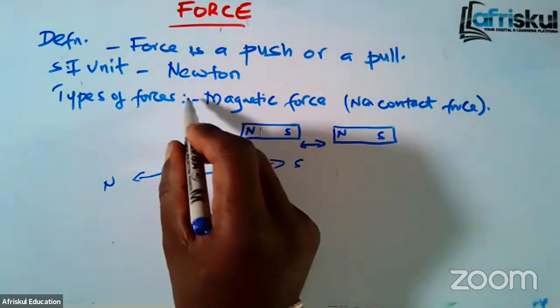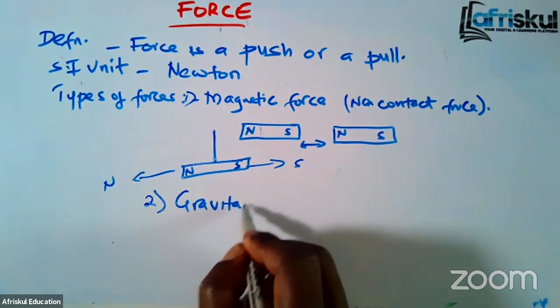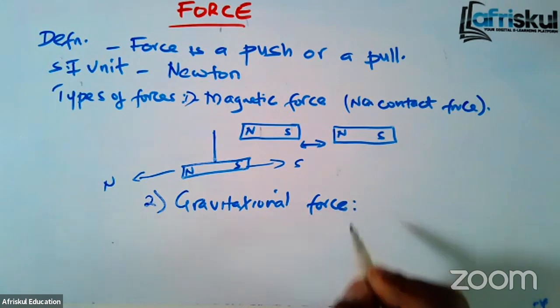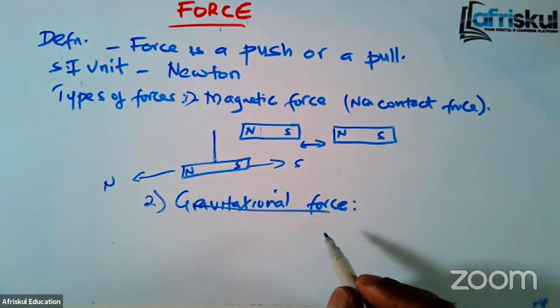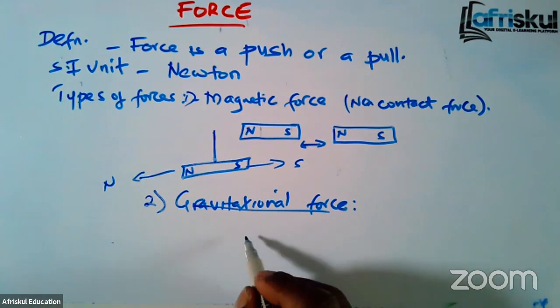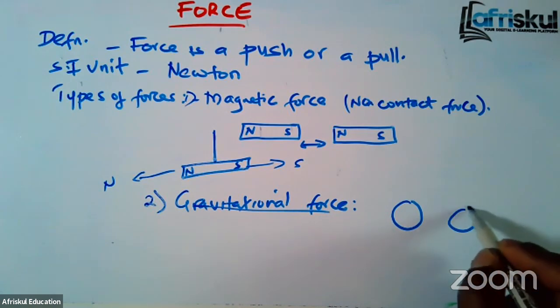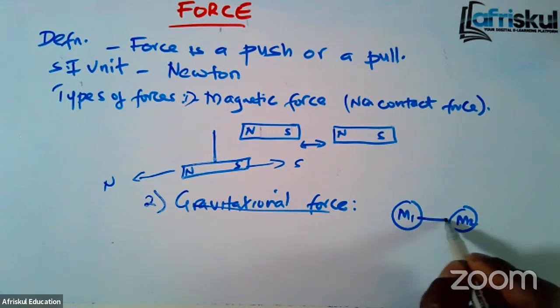The second type of force is what we may call gravitational force. Now, what is this gravitational force? This one has to do with two bodies that are physically near each other. So you can talk of mass 1 and mass 2.